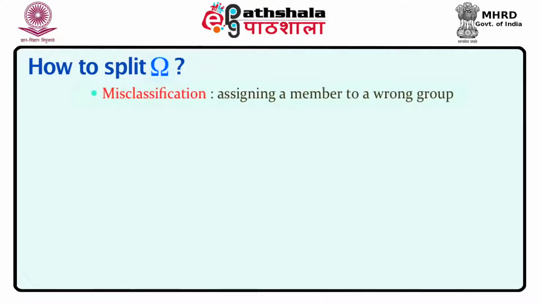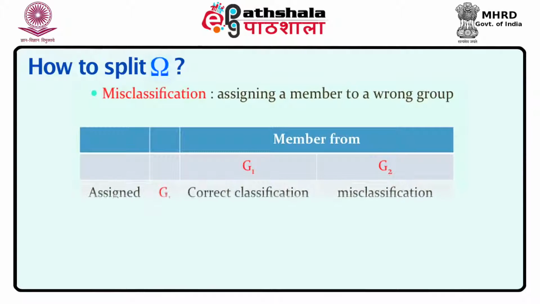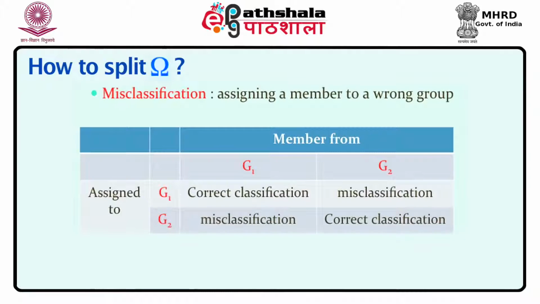Now omega is split on the basis of what we refer to as misclassification. Misclassification is assigning a member to a wrong group. So incorrect assigning of an individual is referred to as misclassification. Now what can happen is one of four things. You can have a member from group 1 who is assigned to the first group, and in that case we have a correct classification.